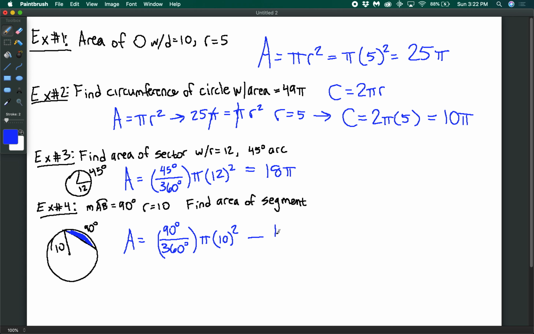The area of the triangle is 1/2 times 10 times 10, a nice isosceles triangle here. So this gives me 25 pi minus 50, and this is my total final area. You could get a decimal if you wanted, but I prefer leaving everything in terms of pi. I think it's nicer. And that's it.